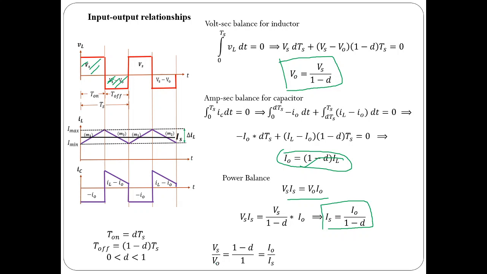V1 is the voltage across the primary, V2 is the voltage across the secondary, and N1 and N2 are the turns of the primary and secondary respectively. So you can find that this action of the boost converter is equivalent to transformer action with turns ratio 1 minus d by 1.